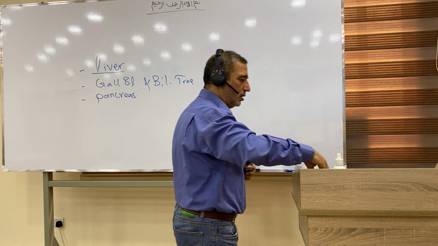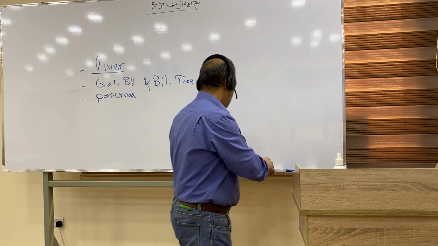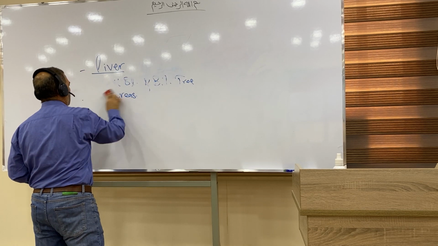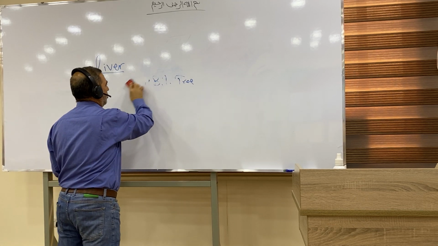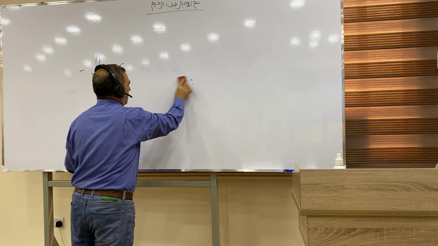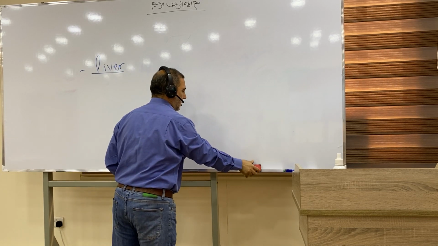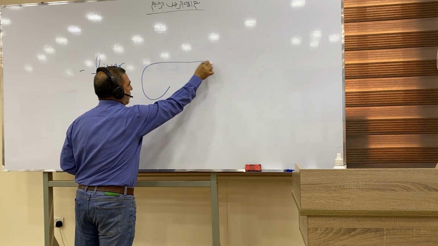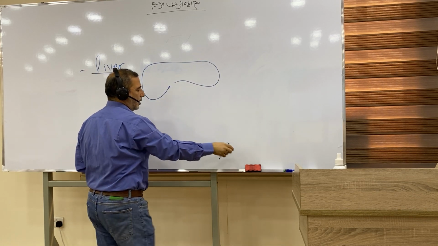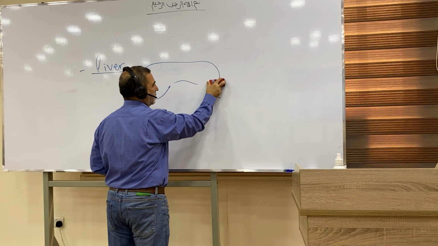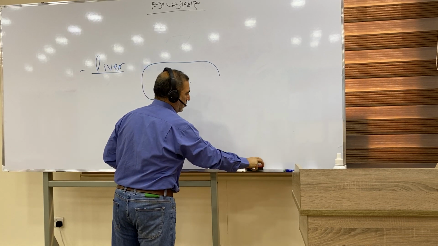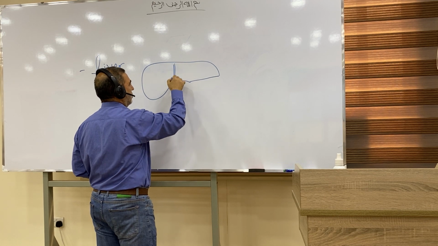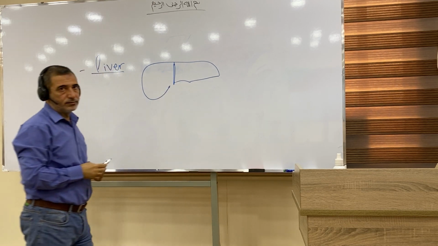Anatomically, liver is described with two anatomical lobes, the right and left lobes, divided by the falciform ligament.